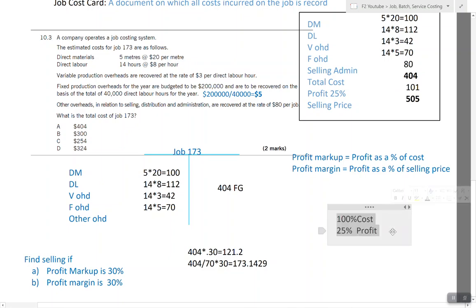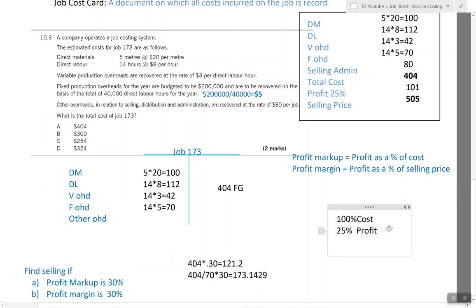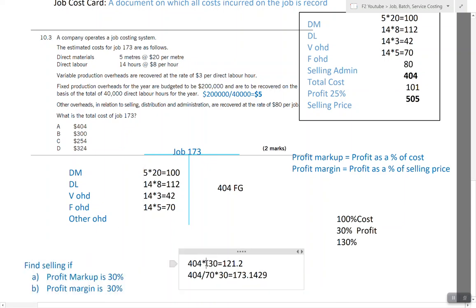Then it gives us selling price, which in this case, if I make this 30%, would become 130%. If I want to find selling price directly here, I can multiply by 1.30, and it will give me the selling price. And here, multiply by 100, will give me the selling price.